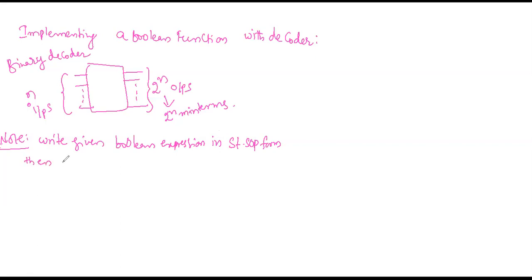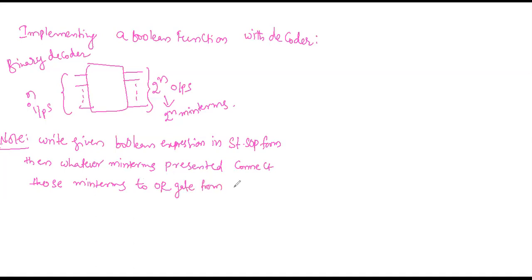Then whatever minterms are presented, connect those minterms from the decoder output to the OR gate.